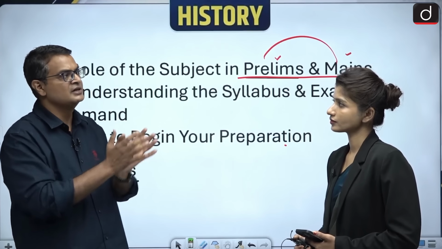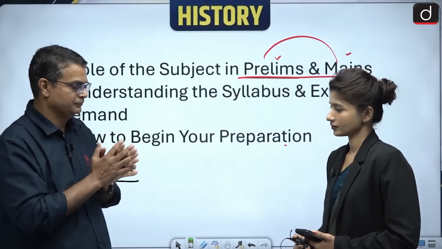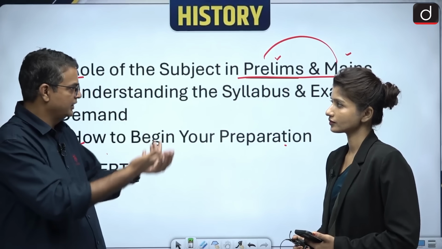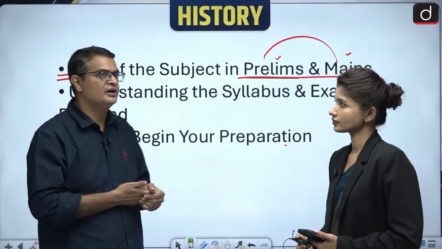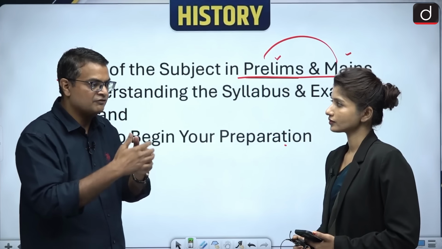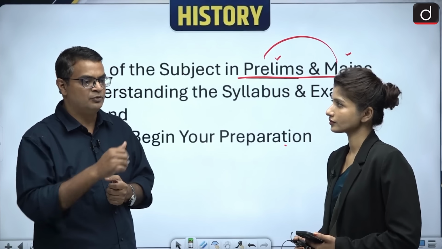For example, if we understand the concept of mercantilism, then there are mercantile policies based on taxation policies. There was reshuffling of the tariffs, and exports were more than imports.